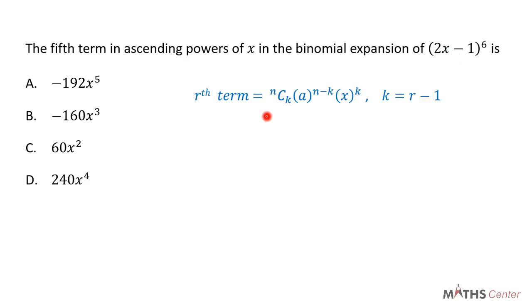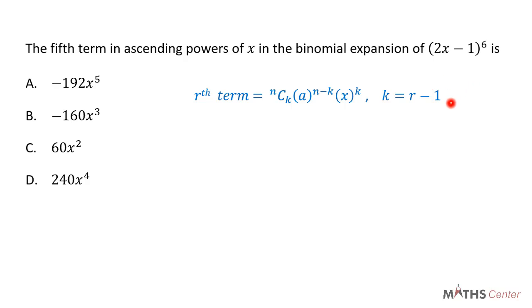We have just learned that a term in the binomial expansion will be given by n combination k, a exponent n minus k, x exponent k, where k is equal to r minus 1. Here we are looking for the fifth term, so it means that r is 5.